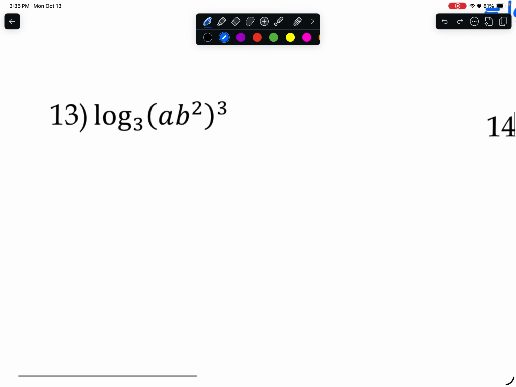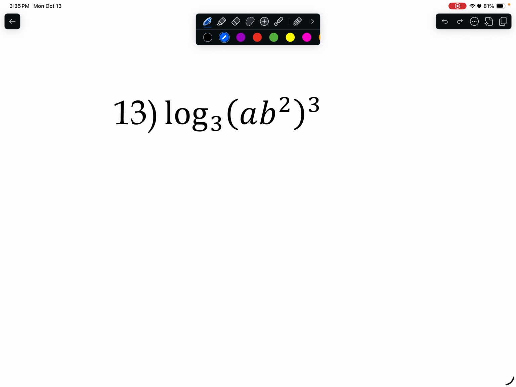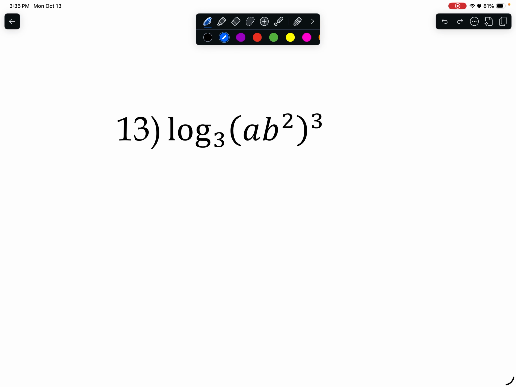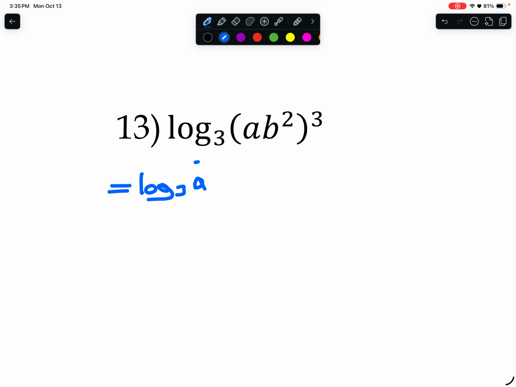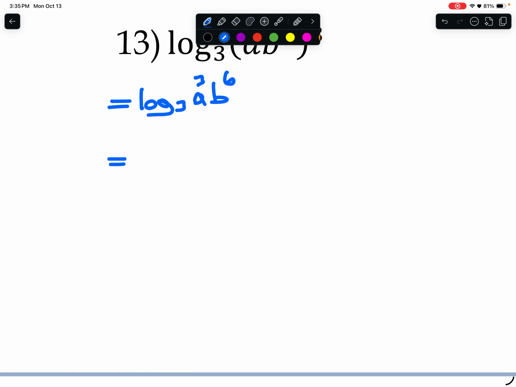Okay, and then we have log base 3 of a b squared, all cubed. What I like to do with this one is distribute the exponent when possible. So this is going to turn into log base 3 of a cubed and then b to the 6th. That was the exponent properties.